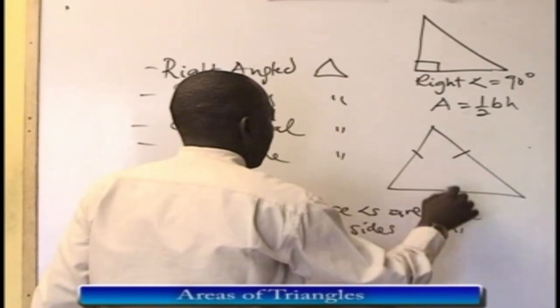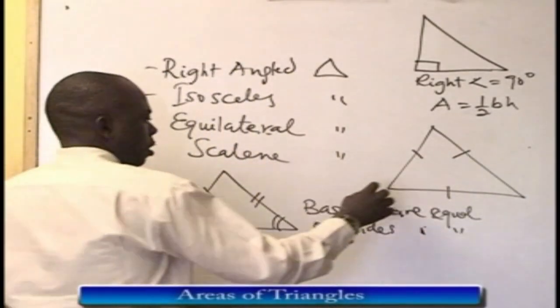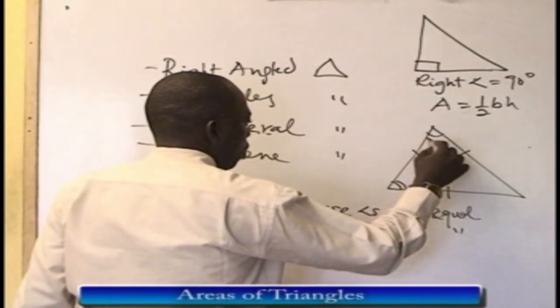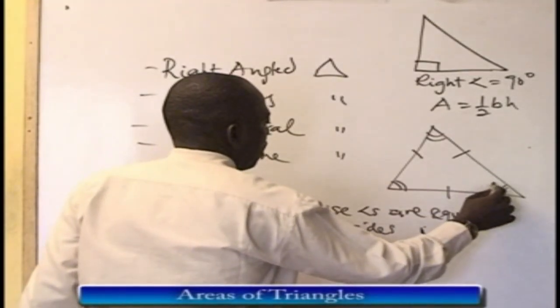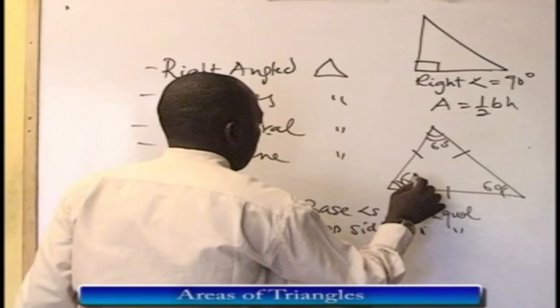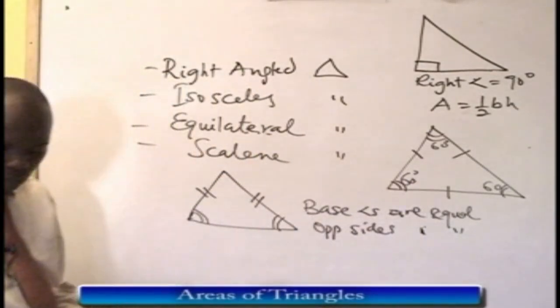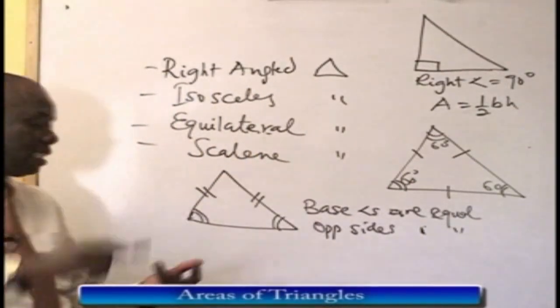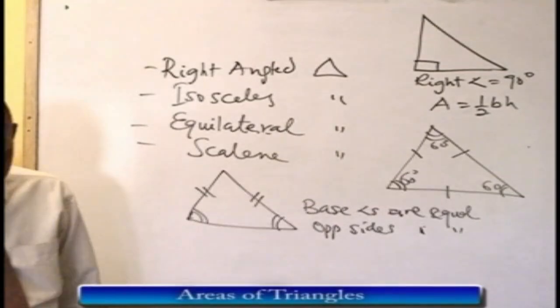All the sides are equal, all the angles are equal, and each is 60 degrees.